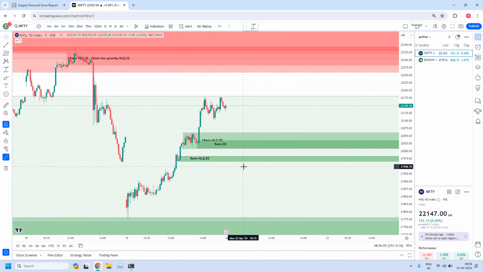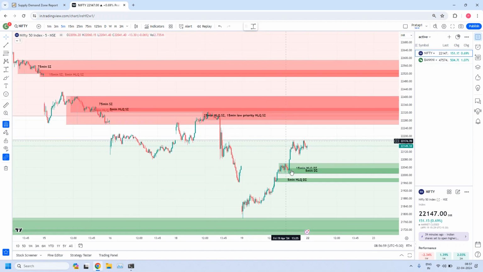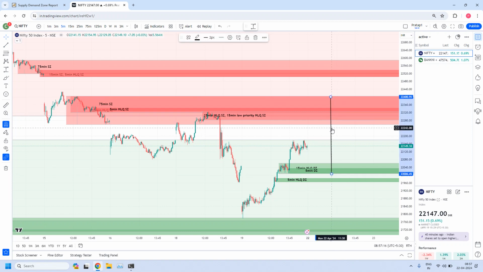So how is the Nifty movement going to be? Probably today the movement could be like this. We may say this could be the range, the immediately available range. But let me draw the info line.